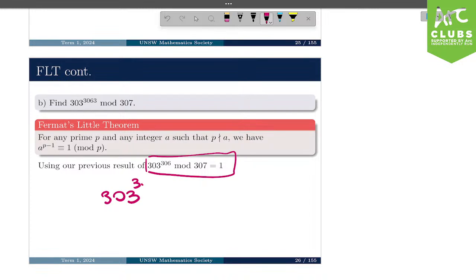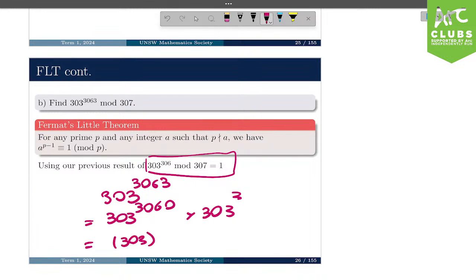We do note that 303 to the 3063 is equal to 303 to the 3060 times 303 cubed. So this is equal to 303 to 306 to the power of 10 times 303 cubed.